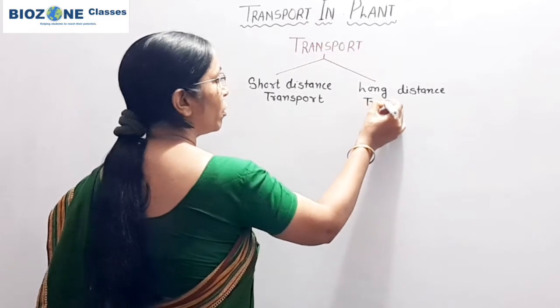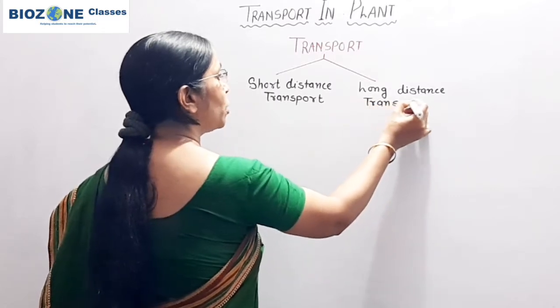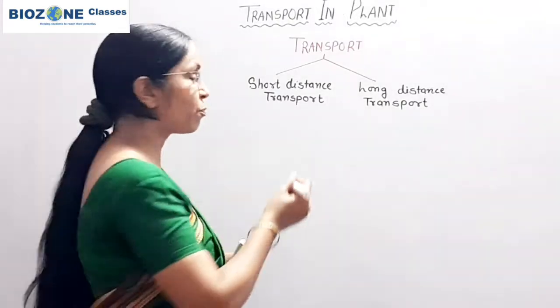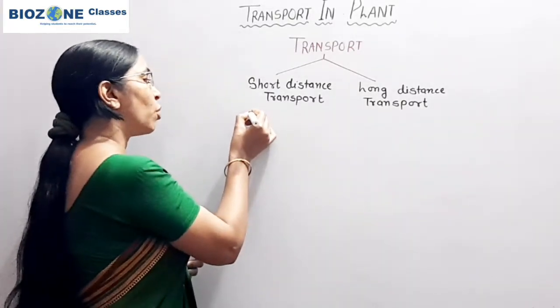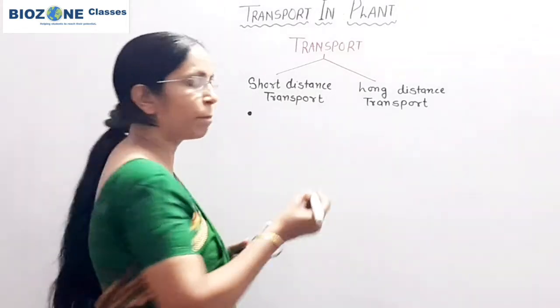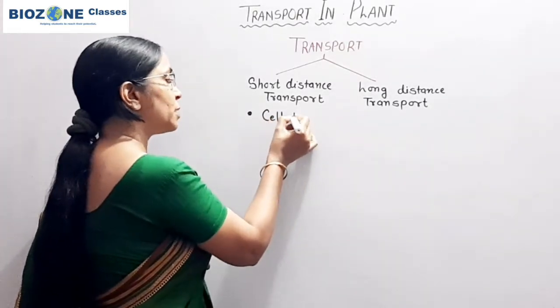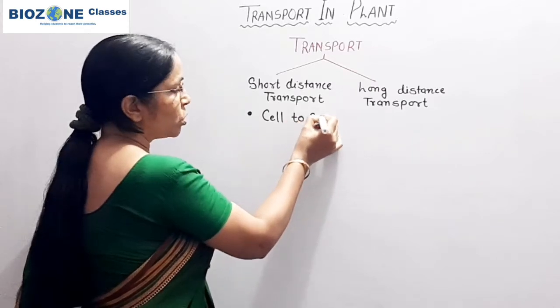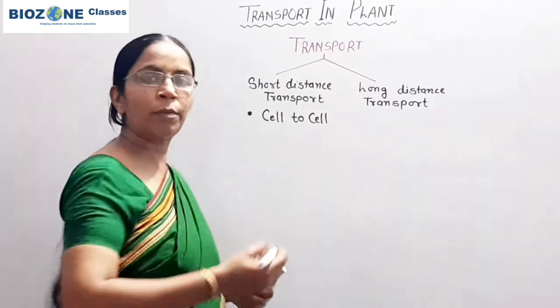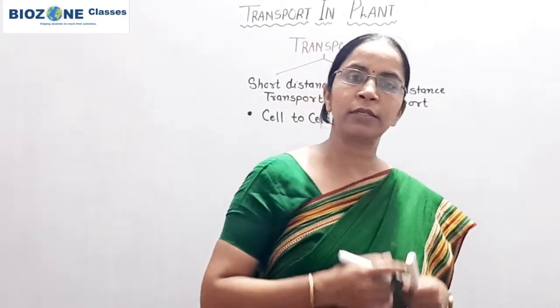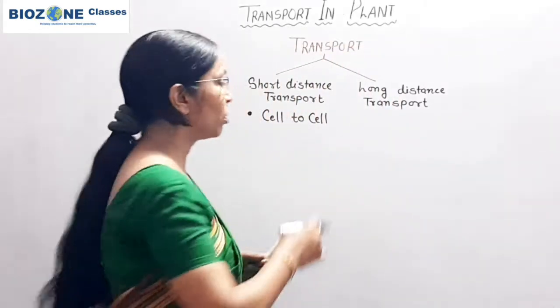Now when we use the term short distance transport, what kind of transport is it? Short distance transport simply means the transport takes place between cells. So cell to cell transport is called short distance transport.